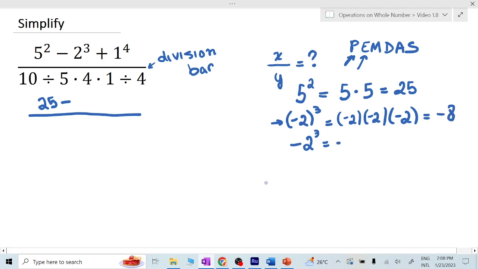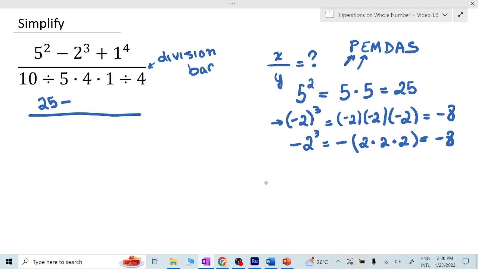Here, I have negative, then 2 times 2 times 2, which is going to be negative 8. And you say, wait a minute, the result is the same, but the way we solve it is different. Because this exponent is an odd number, the result will be the same. Now, the result, not the way we solve it.